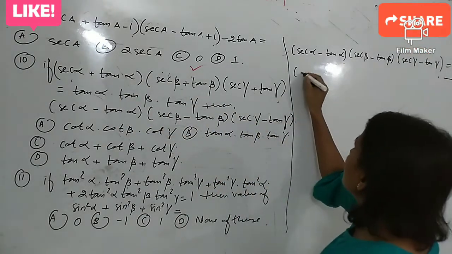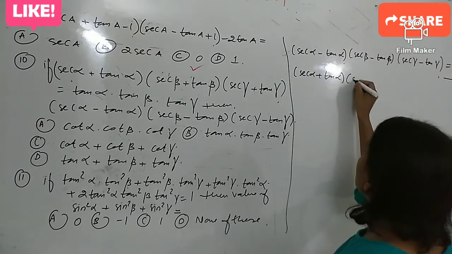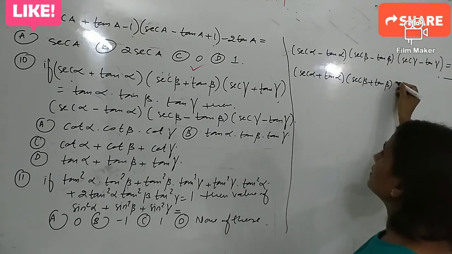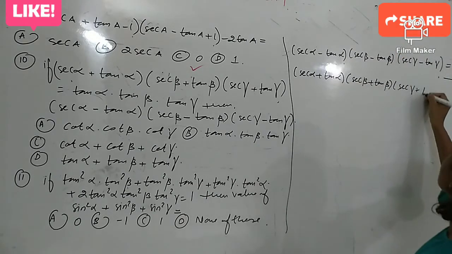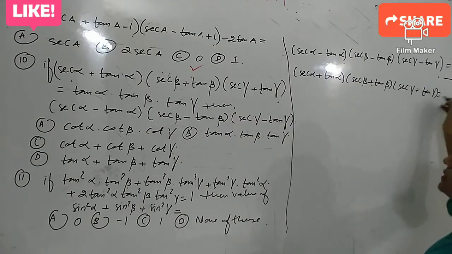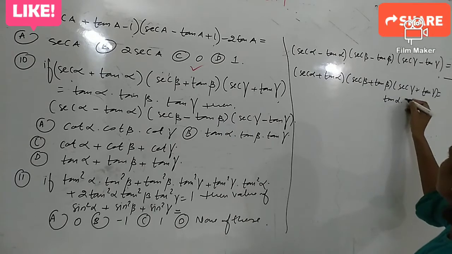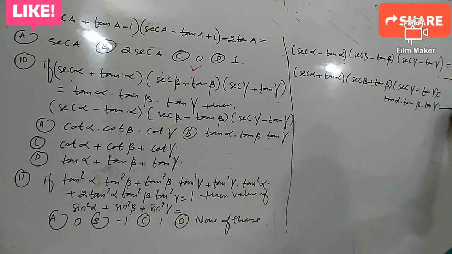And given is that (sec alpha plus tan alpha) (sec beta plus tan beta) into (sec gamma plus tan gamma) is equal to tan alpha into tan beta into tan gamma. So this is equation number 2.